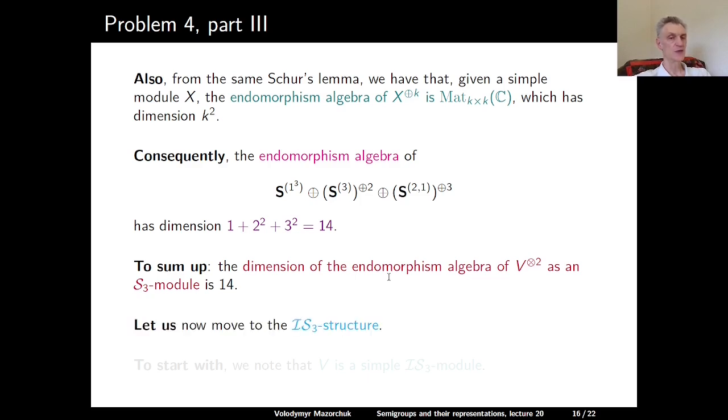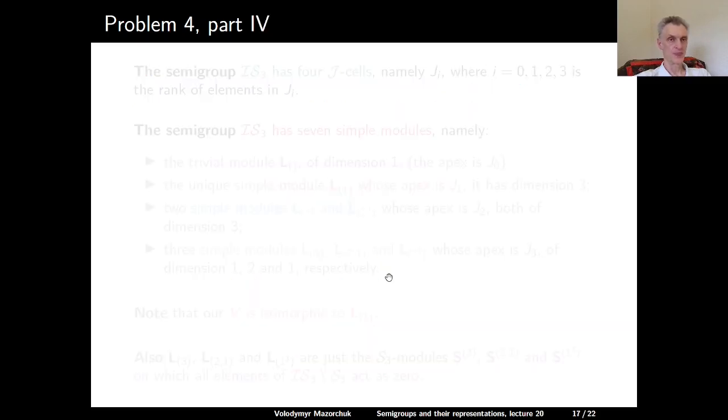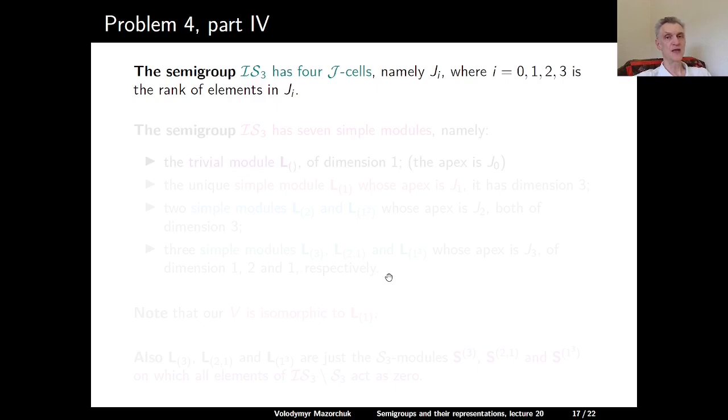Let us now determine it for the IS3 structure. To start with, let us note that our original module V is actually simple as an IS3 module. So the semigroup IS3 has 4 two-sided cells, namely J0, J1, J2, and J3. So the index is the rank of the element.